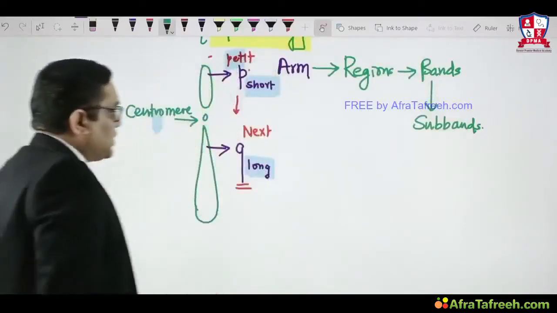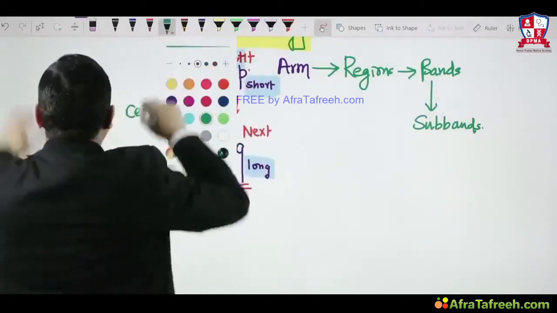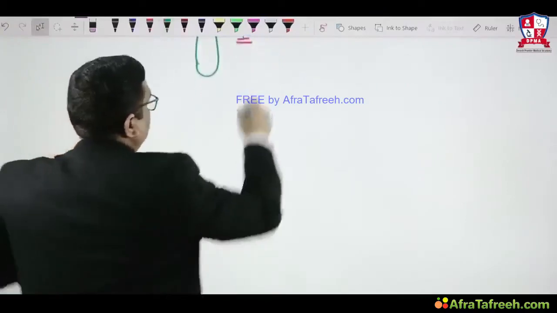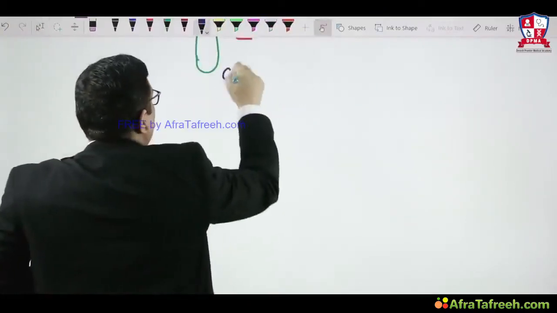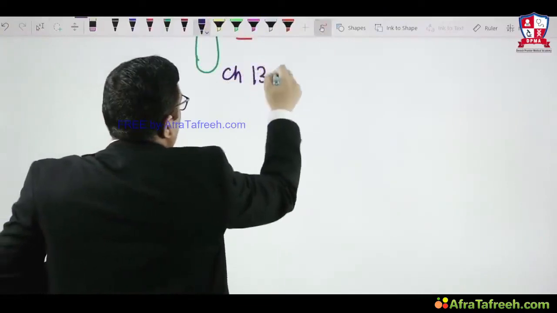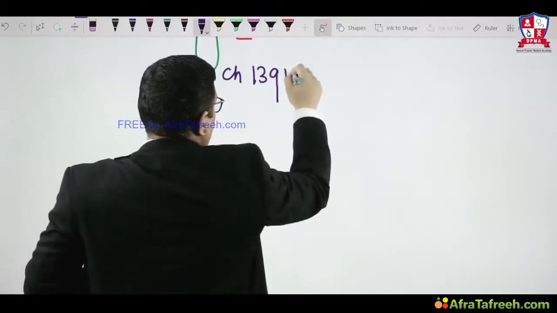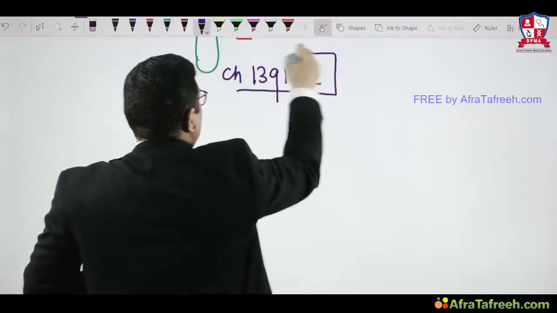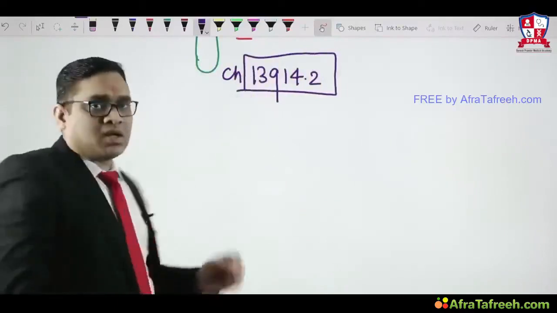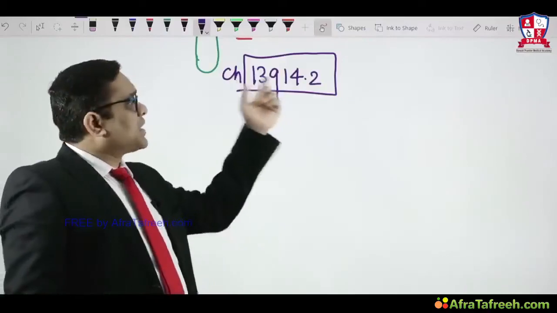For example, when we are talking about the long arm, suppose I want to show you the karyotyping of chromosome 13q14.2. I want to demonstrate how nomenclature is done for a chromosome and the significance of these things.